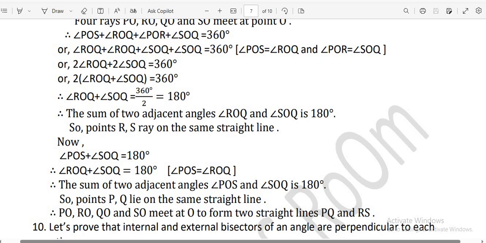Therefore PO, RO, QO and SO meet at O from two straight lines PQ and RS. Hence it is proved that the four rays are formed from two intersecting straight lines.